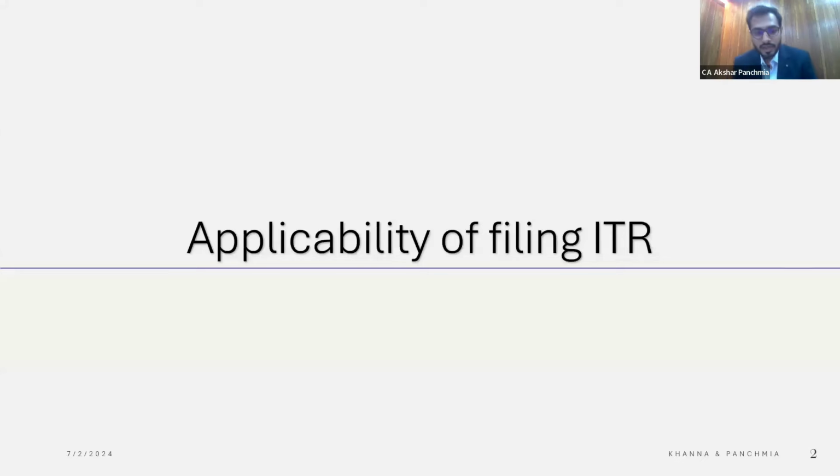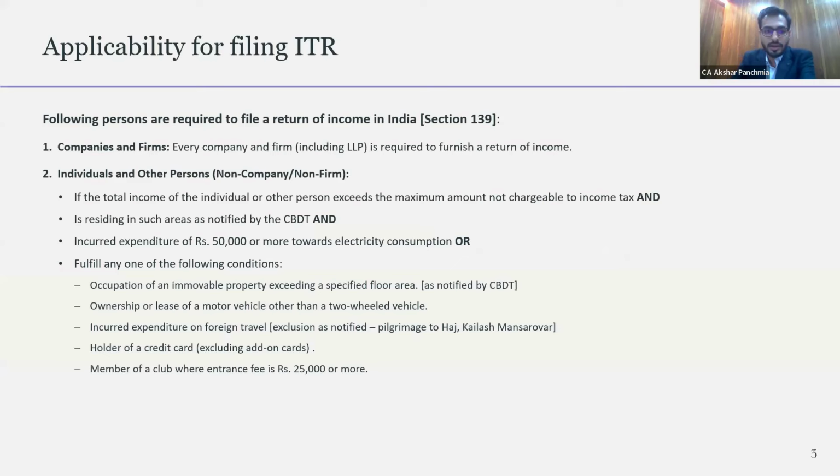First, we'll begin with the applicability of who is supposed to file an ITR. I'll just briefly run through these points. Section 139 refers to every person who is supposed to file an ITR. 139(1)(a) refers to every company and firm that has to file a return.